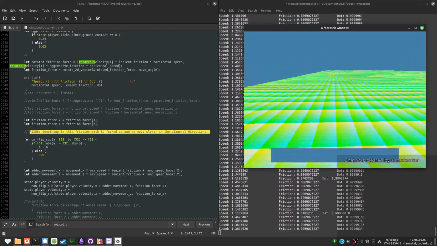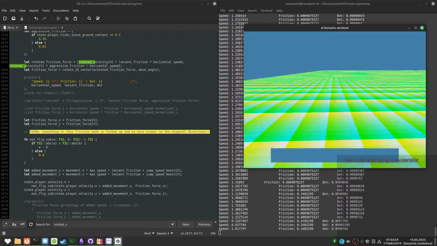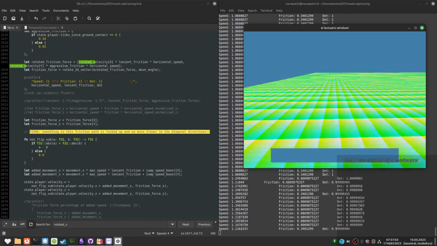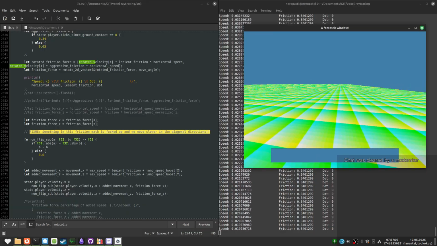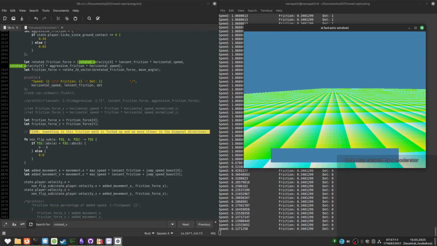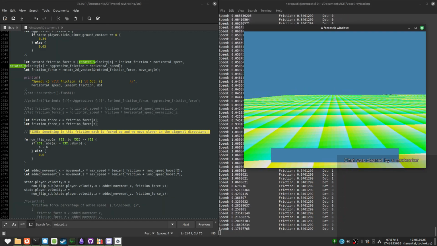Like here it would kind of make sense because we're going like this. When I'm moving like this, we should slow down more rapidly than when we move like this.